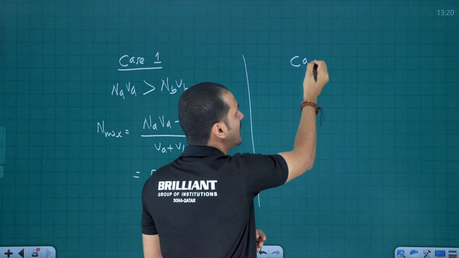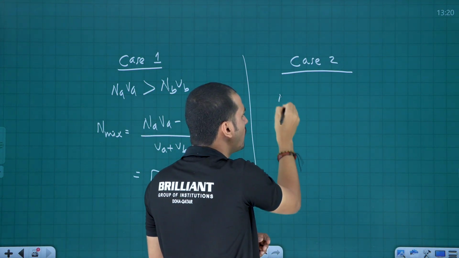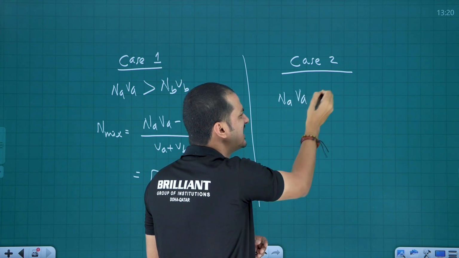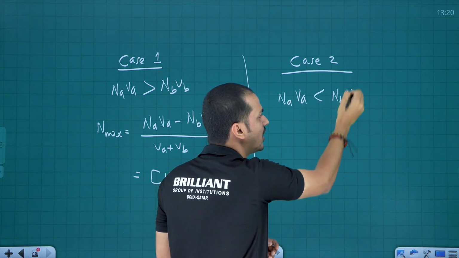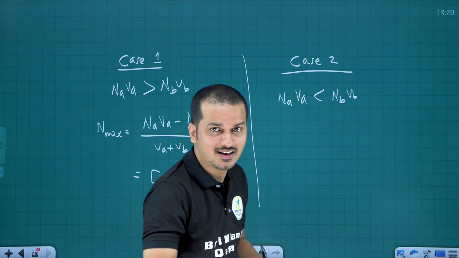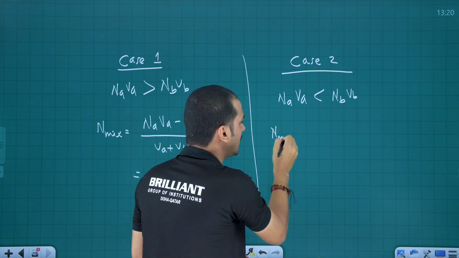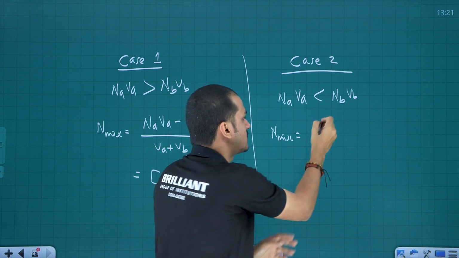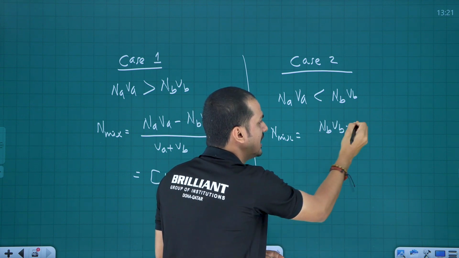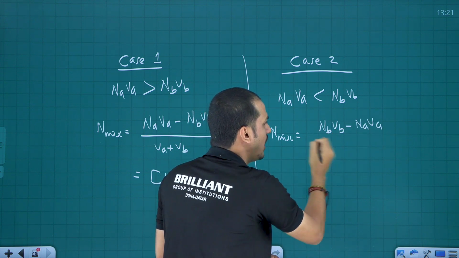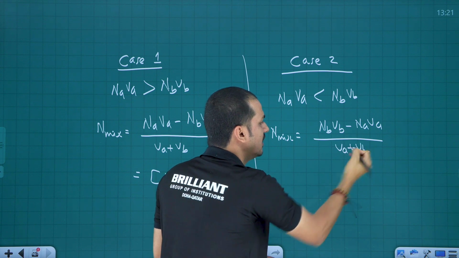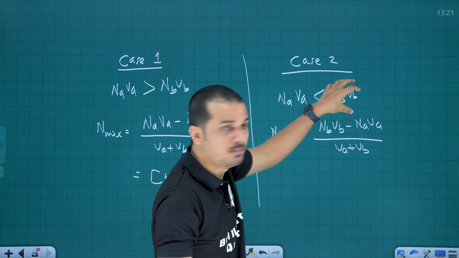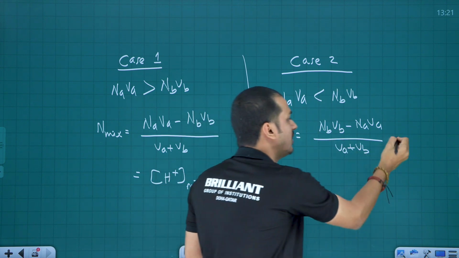Similarly, case 2, in the case where the number of millimole equivalents of acid is less than the number of millimole equivalents of base, then for the normality of the mixture I have to subtract from higher to lower. So Nb Vb minus Na Va divided by Va plus Vb. Here the base is more, so the mixture will be basic.